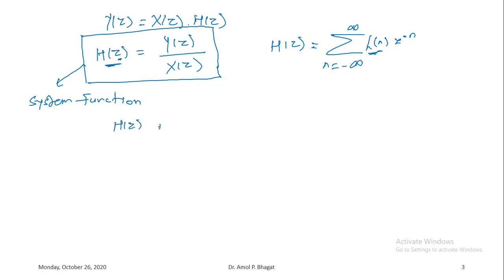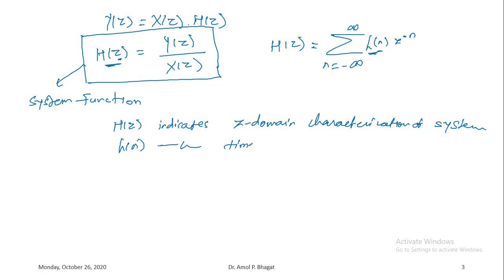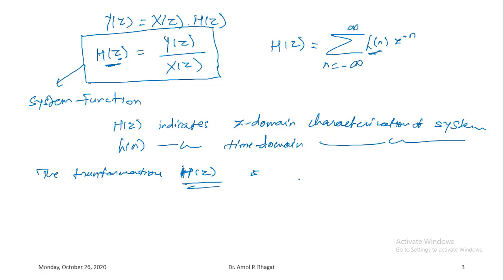So here this transformation H of Z is called the system function.